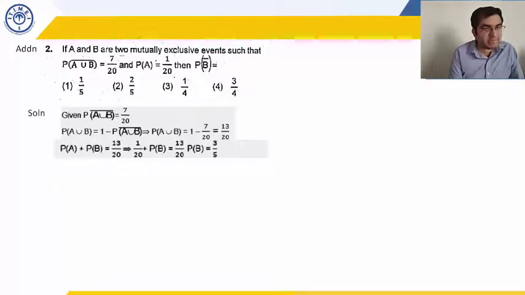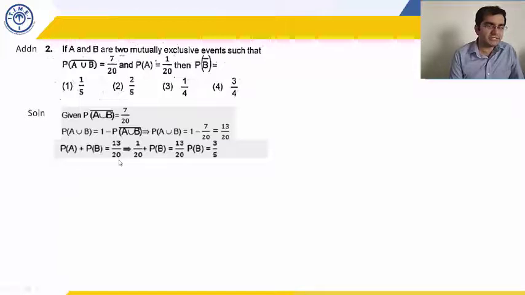P of A intersection B is 0 because they are mutually exclusive events. You can write this in your copy. P of A intersection B is 0 because they are mutually exclusive events, so there is no common area.